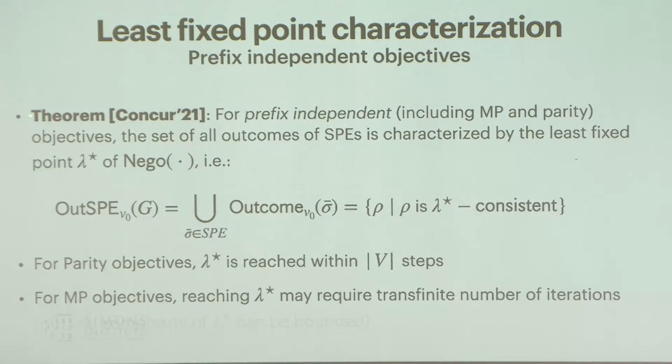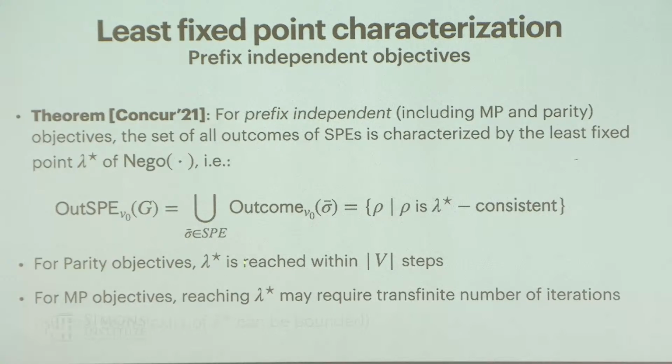Okay, so that's the result that we have. For any prefix independent objective, including mean payoff and parity, the least fixed point of the negotiation function will characterize exactly the infinite paths in the game that are supported by SPE.